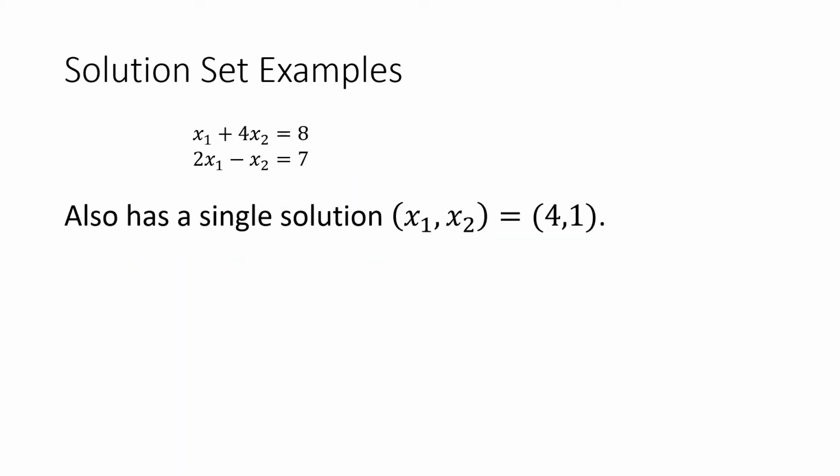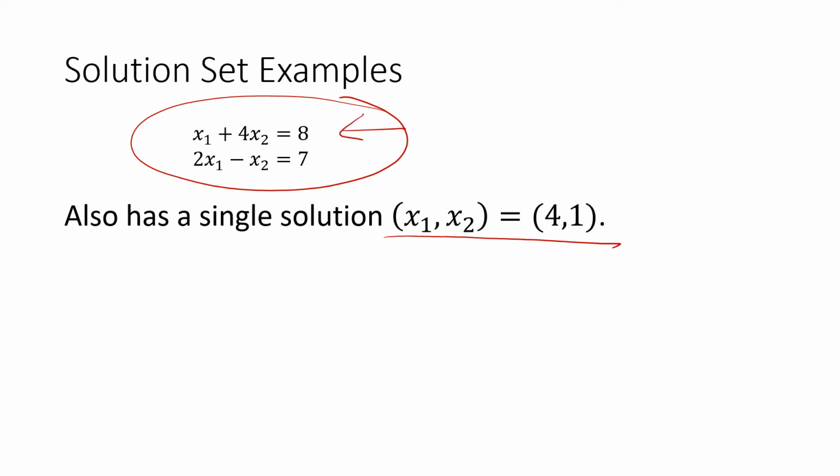Here's another system of linear equations. And I'm claiming that the solution to this is 4, 1. So let's plug that in and double check. Take my first equation, x1 plus 4 times x2. What does that give me? 4 plus 4 equals 8. That checks out.